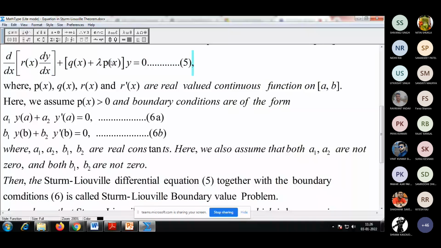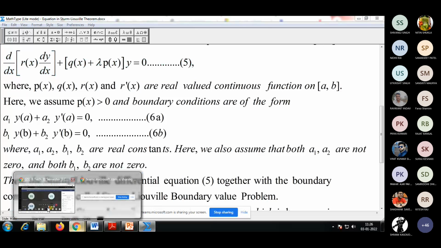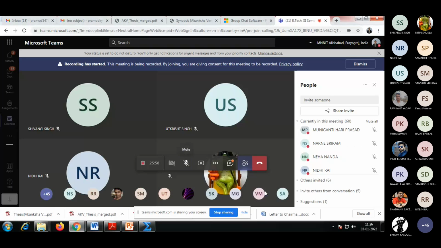Is this differential equation a homogeneous differential equation or non-homogeneous differential equation? Homogeneous or non-homogeneous? Sir, it should be non-homogeneous because not all of them are in the same degree.